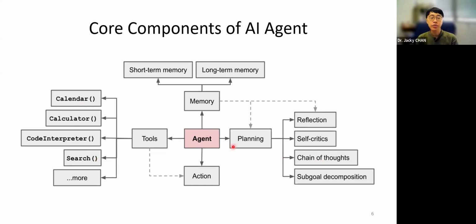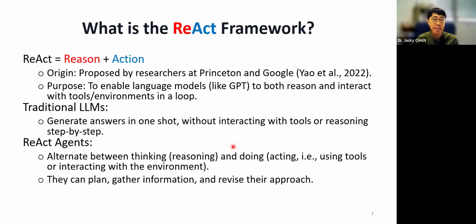And then for AI agents, a very common framework is called the ReAct framework. Re means reason, and Act means action. It was proposed by researchers at Google and Princeton in 2022.